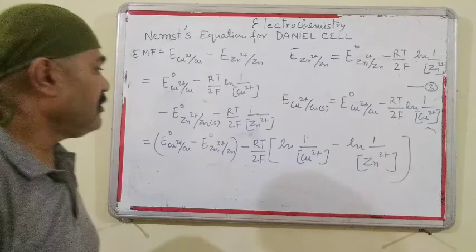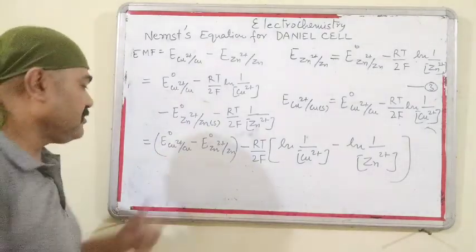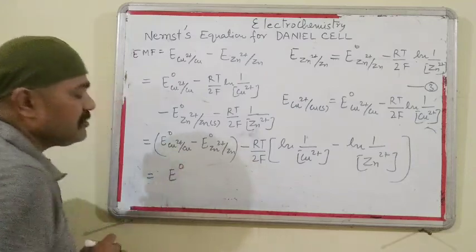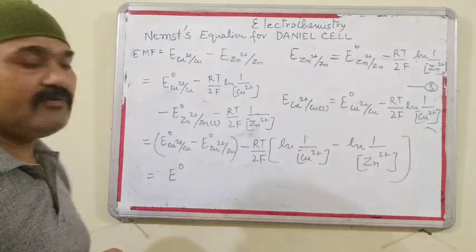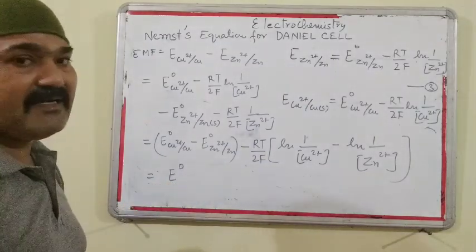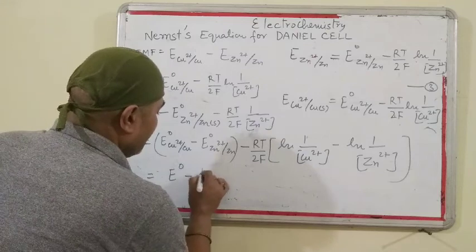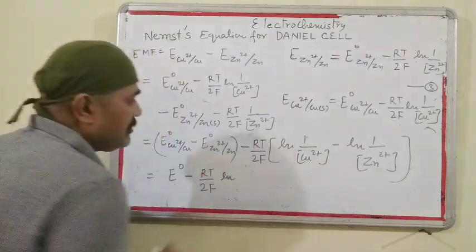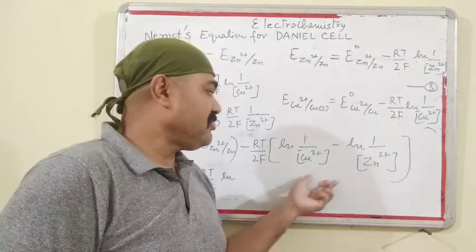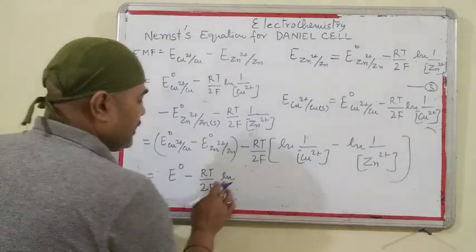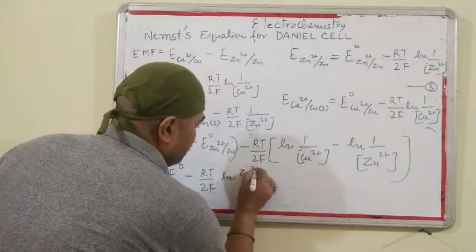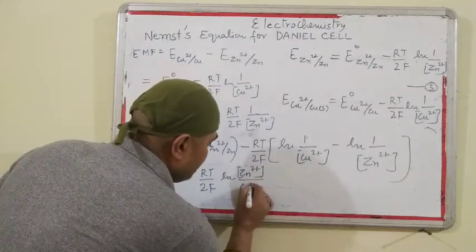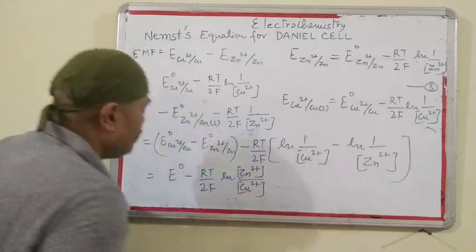This difference is known as the standard electrode potential of the Daniell cell, so I write directly E0 minus RT upon 2F, and using the property of the natural log, this becomes ln of [Zn2+], the molar concentration of the zinc ions, divided by the molar concentration of the copper ions.